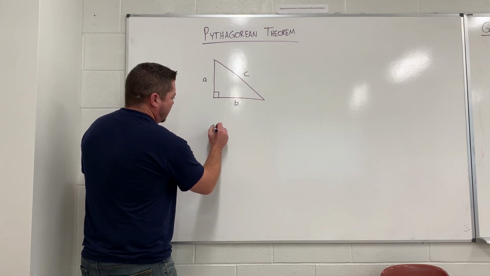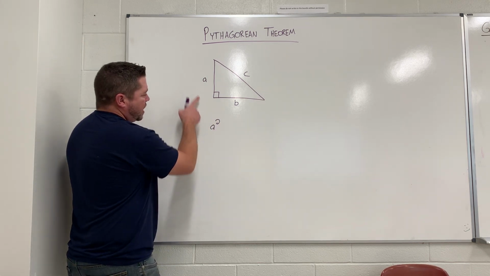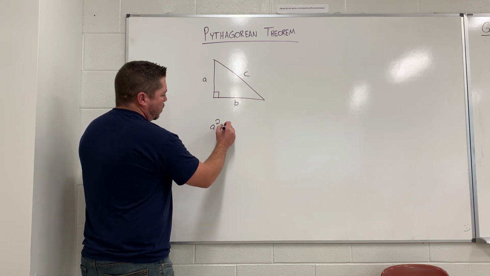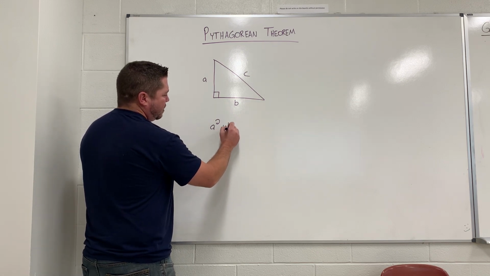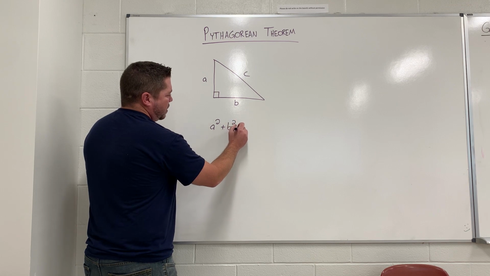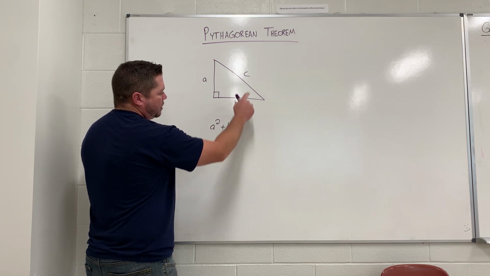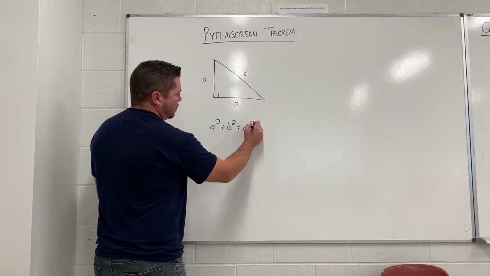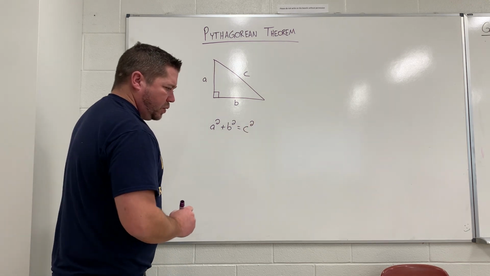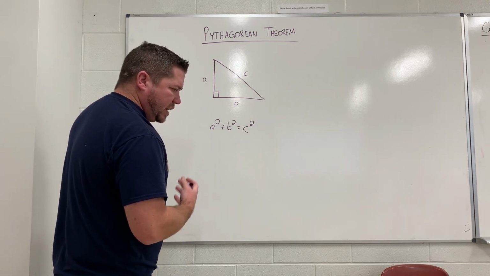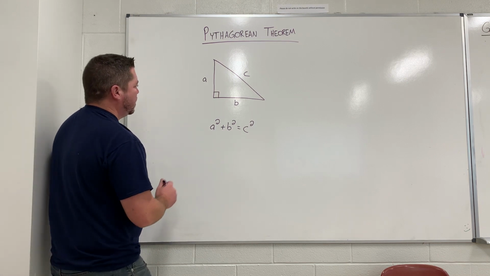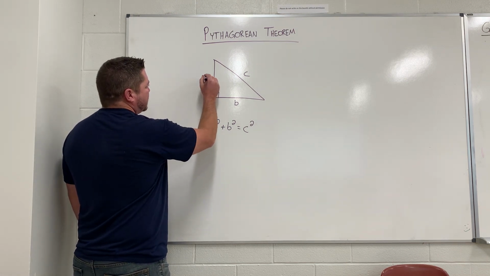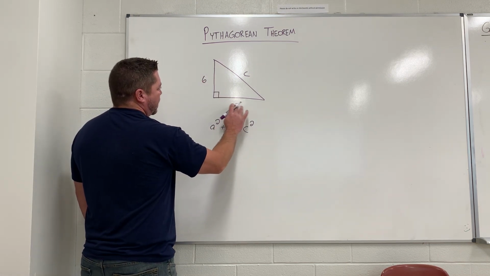So if we take this leg and square it, and add this leg squared, it's going to be equal to the hypotenuse squared. Okay? So if we actually have numbers for this, let's call this side 6 and this side 8.